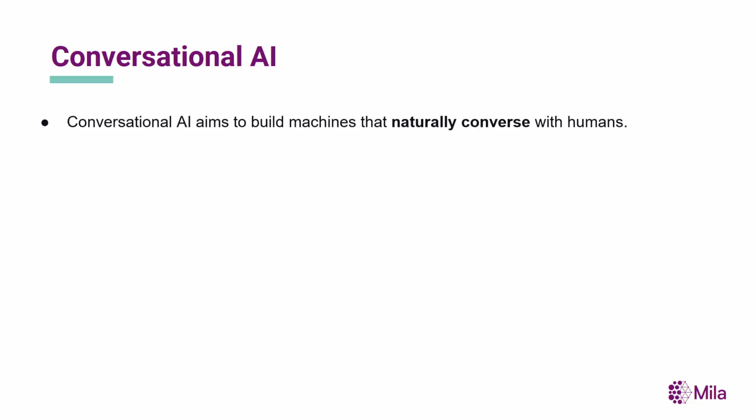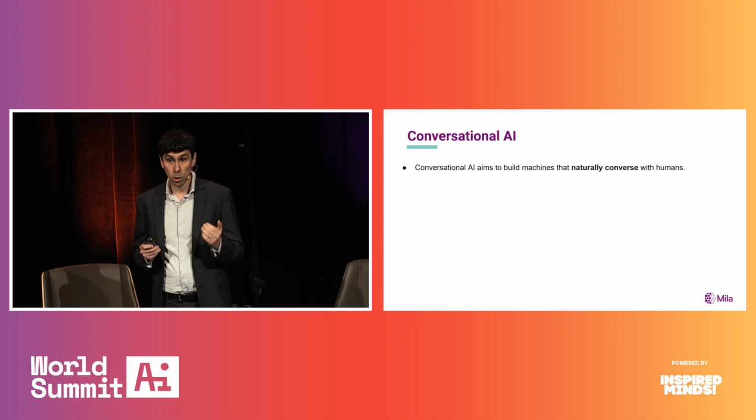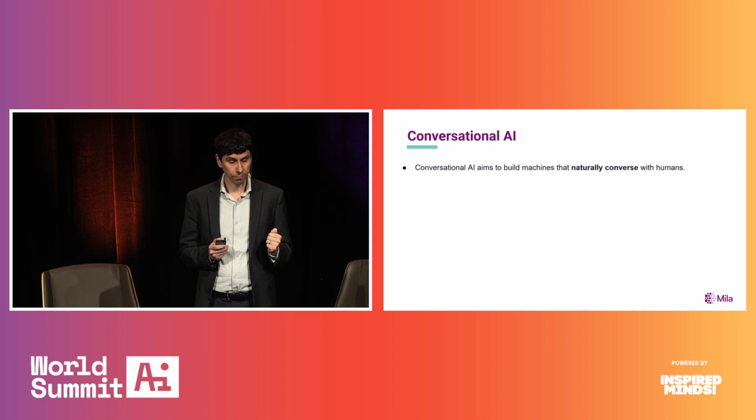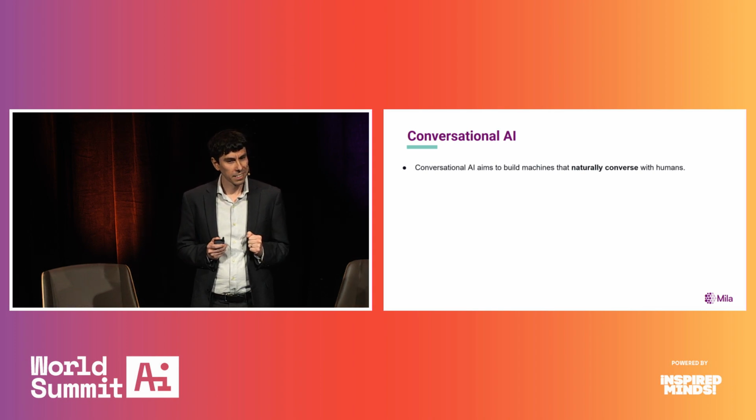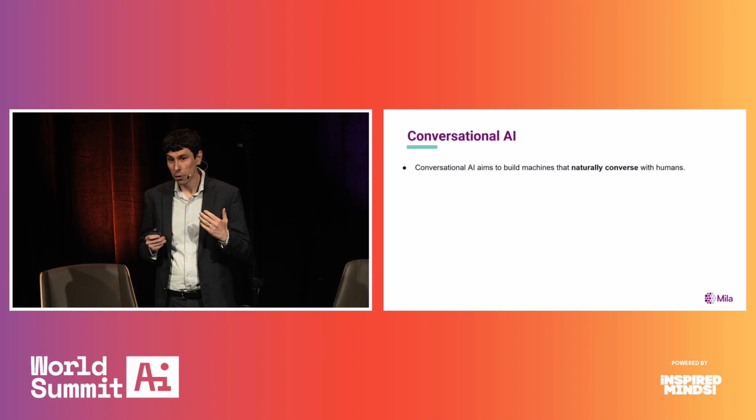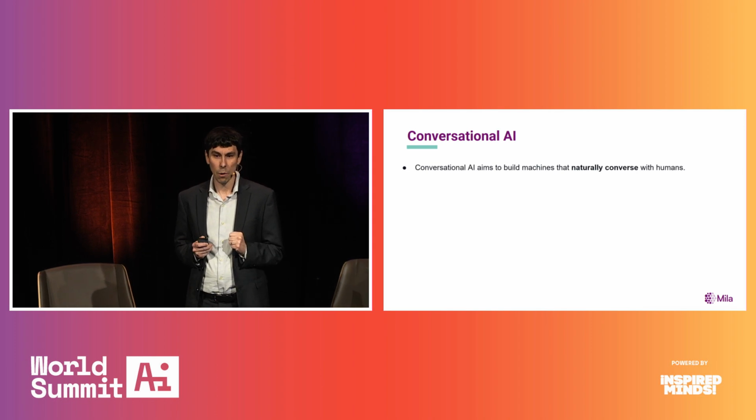So first of all, let me tell you something about conversational AI. Right? So what is conversational AI? Conversational AI, you can define it as the art of building machines that are able to naturally converse with humans. If you think a little bit about that, this is a technology that started to change our life, not today, but years ago, right?